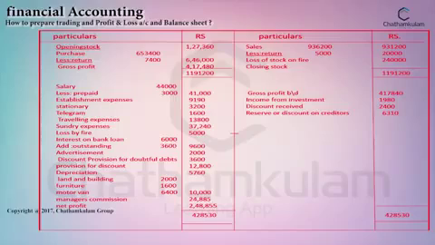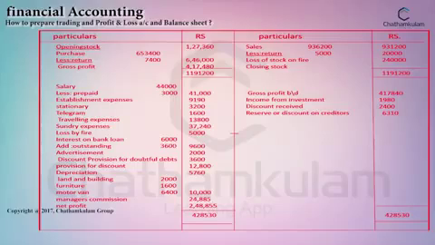Establishment expenses, rupees 9,190. The next item is stationery, rupees 3,200. Telegram, rupees 1,600. Traveling expenses, rupees 13,800. Sundry expenses, 37,240.